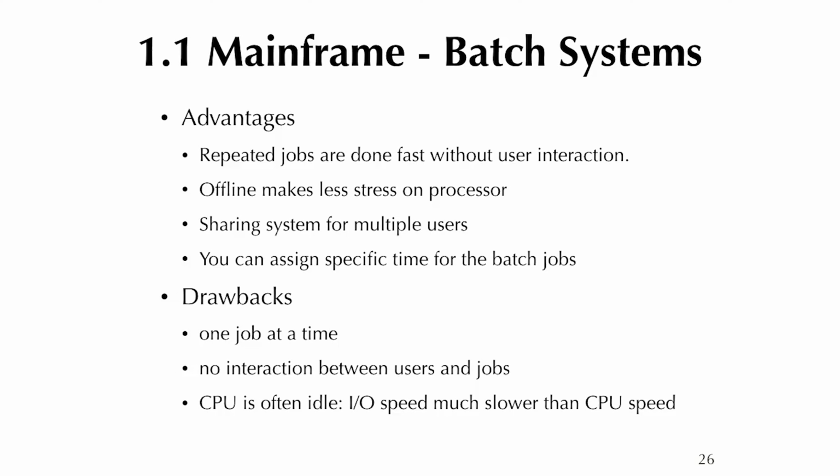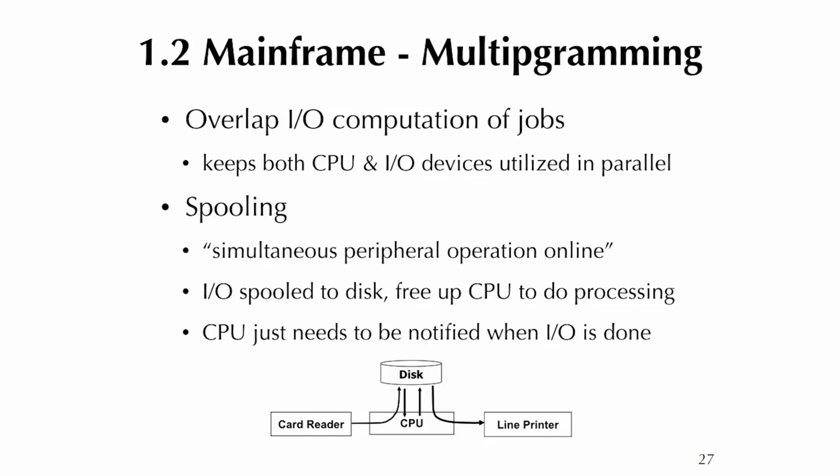But it's still doing one job at a time, with no interaction between user and CPU idle. So overlapping I/O and computation is important for keeping these things utilized. And so the concept of spooling was developed. That allows you to basically write your job to a disk, free up the CPU to do processing, and the CPU needs to be notified when I/O is done.